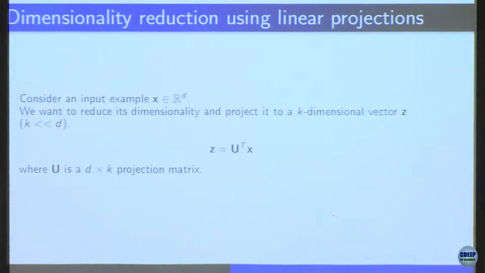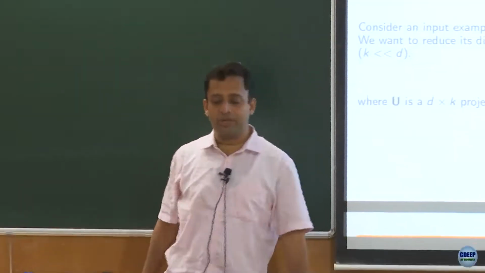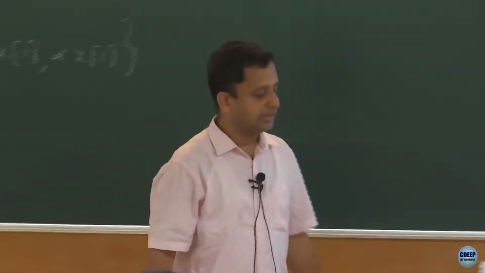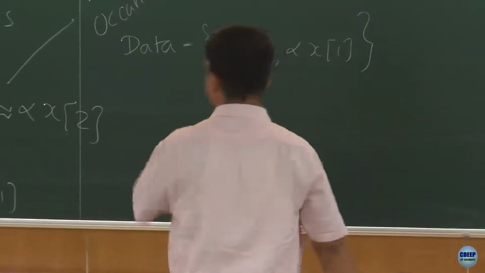So let's actually unfold the whole process. Are you able to view this from behind? So let's say we have an input example X and we want to reduce its dimensionality and project it to a k dimensional vector Z, where k is much smaller than d.